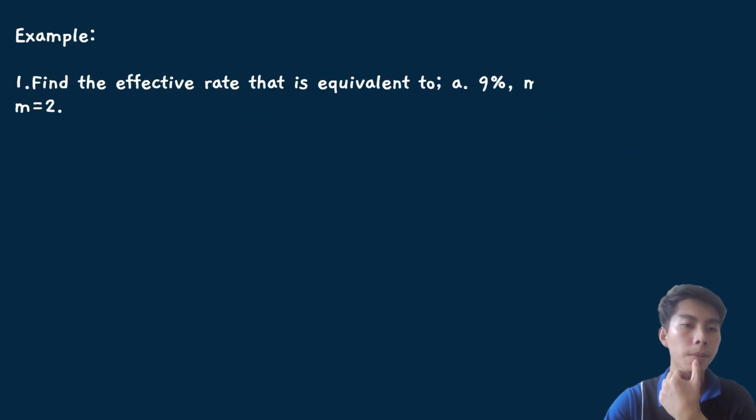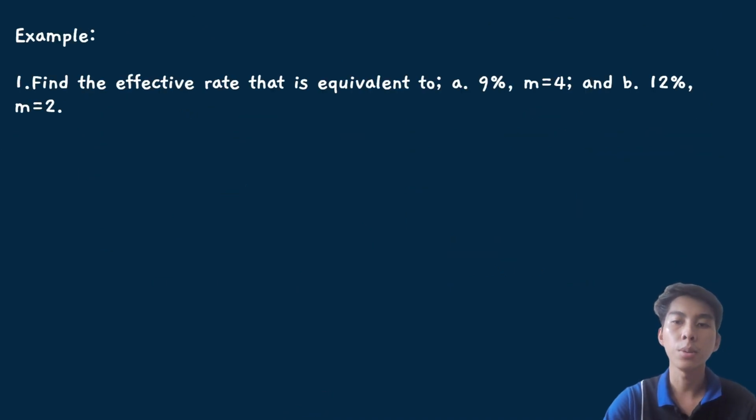Find the effective rate equivalent to our first condition, when the nominal rate is 9% and M is 4, and our second condition, when the nominal rate is 12% and M, or the conversion rate, is 2. The unknown here is the effective rate. We need to find the equivalent effective rate of these two given nominal rates.